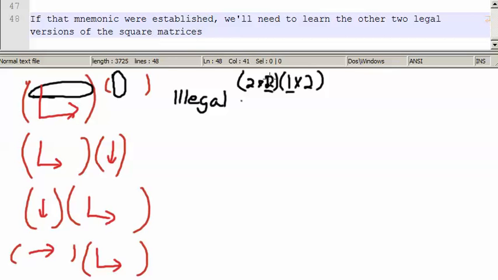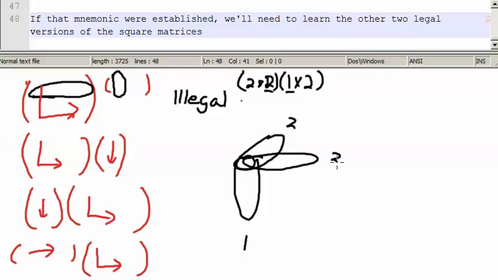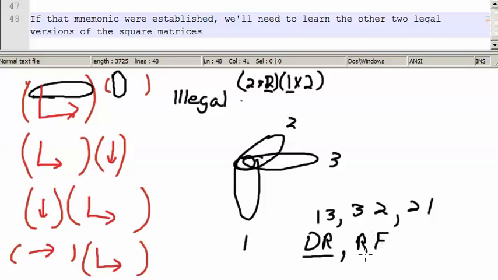So if that mnemonic were established, we'll need to learn the other two legal versions of the square matrices. So recall that's direction 2, then direction 1, and then direction 3. Down right is 1, 3, 3, 2, and 2, 1. Those are the legal ones. This one's going to be called down right. This one is right forward, and this one is forward down.